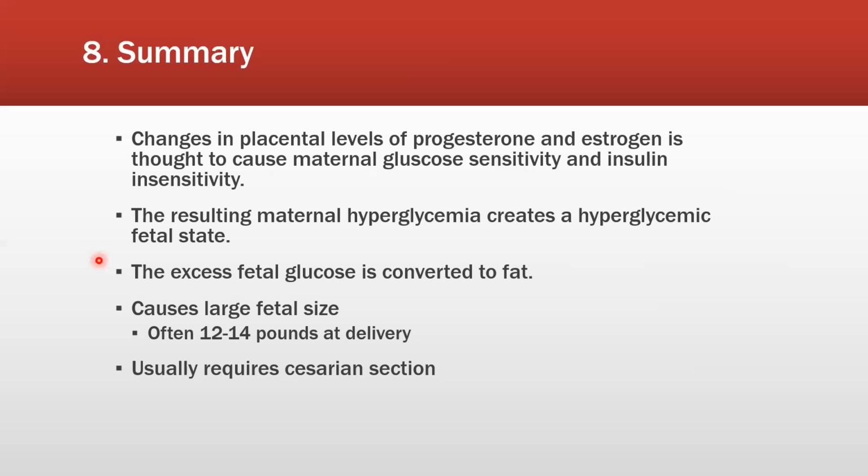So you're going to want to be able to transport to a facility that does have labor and delivery as well as a NICU. For most women who develop gestational diabetes during pregnancy, it usually will resolve following delivery of that newborn.